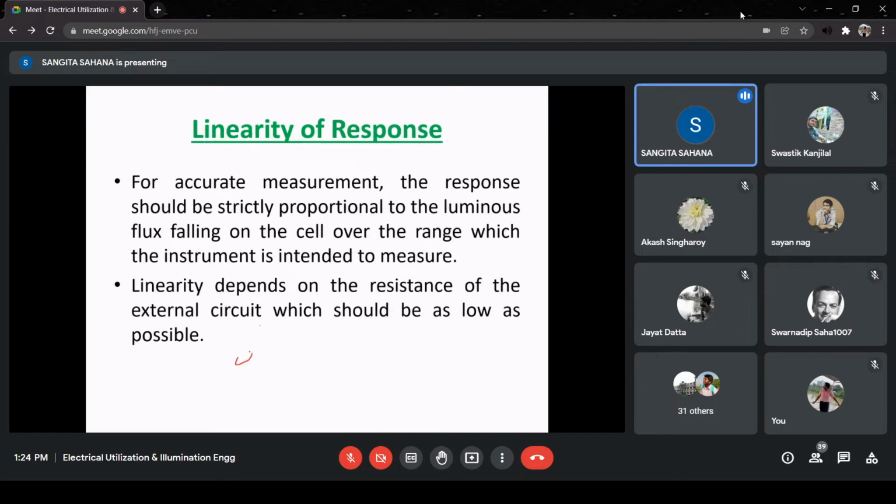So phi by A, this is my illuminance E, right? So this E will be proportional to the luminous flux. The response must be proportional, linear. So if the response of a photosensitive material is linear, such that as phi changes the illuminance also changes accordingly, then it will satisfy the one criterion that the response is linear.